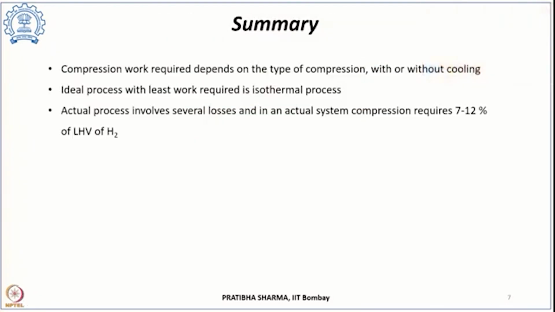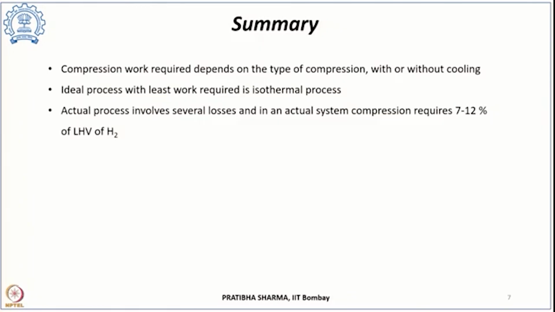To summarize this part, we have seen that the compression work depends upon which type of compression we are using, whether we are including cooling or not. Accordingly the process can be either isothermal or isentropic. We know that the ideal process is the isothermal process, so the work required is least in that case.